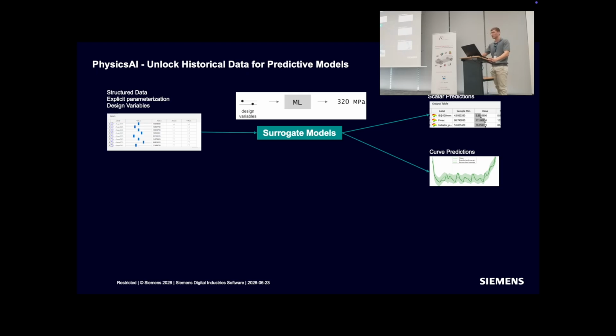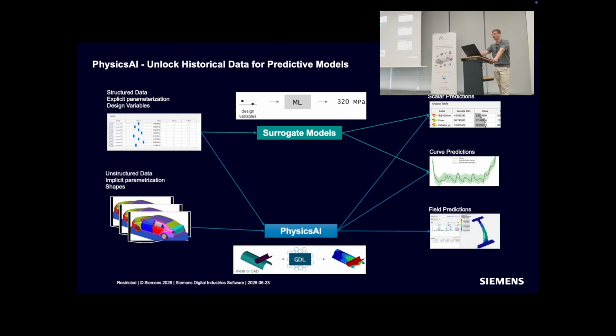Whereas now, with the help of Physics AI, there is no limit for parametric studies. We can simply utilize our unstructured data, past historical data, feed these into Physics AI, train our geometric deep learning engine, and now, on top of being able to predict curve values and scalar values, we are able to also predict fields, contour fields.